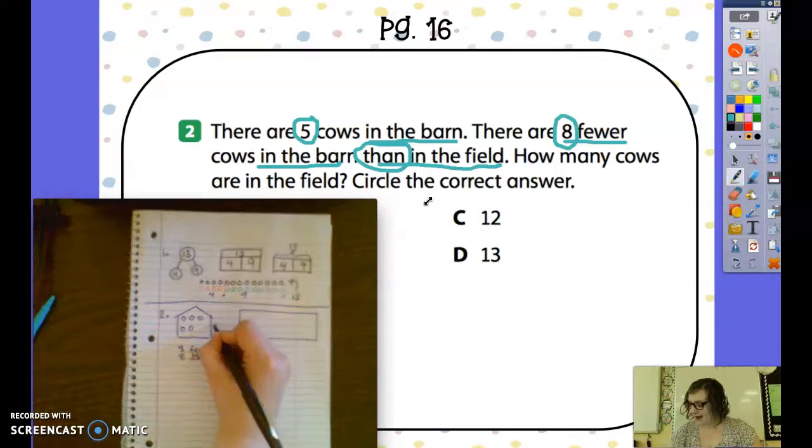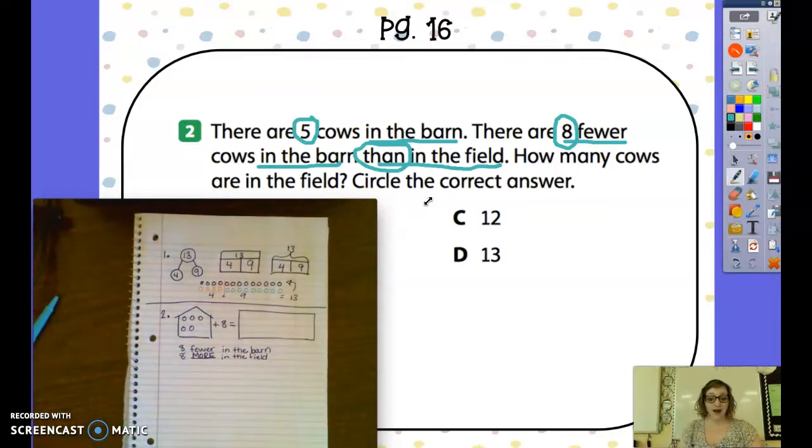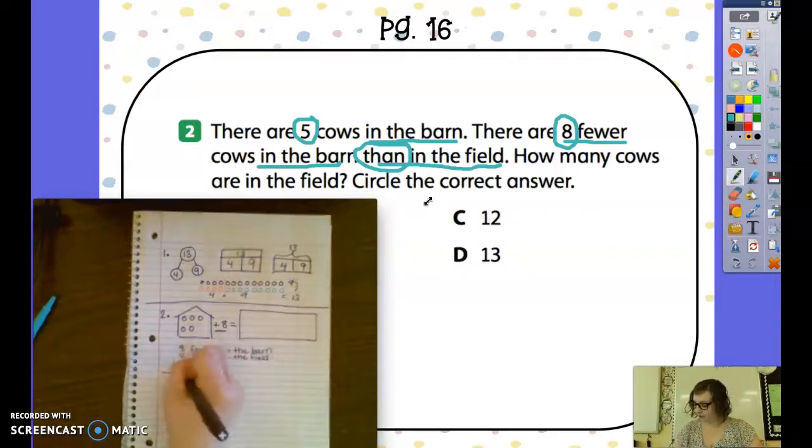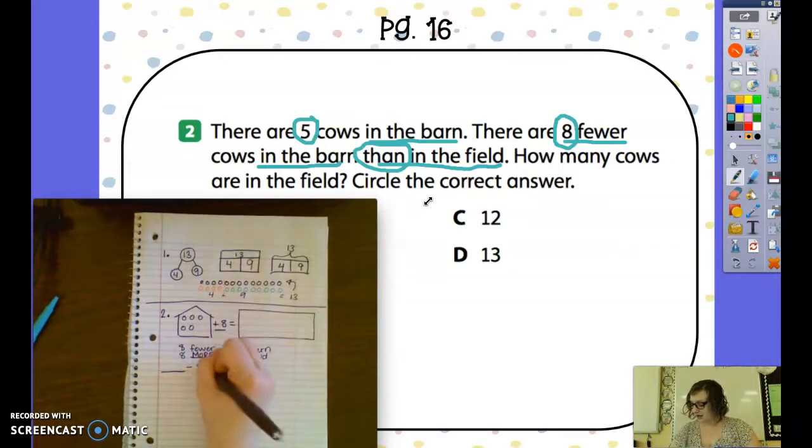I'm going to add 8 more to equal how many we have in the field. The reason I'm doing this is because we could say it this way. There's so many in the field minus 8 fewer, and then it would equal 5. So we could also write our equation out like this. Our whole number minus 8 equals 5.